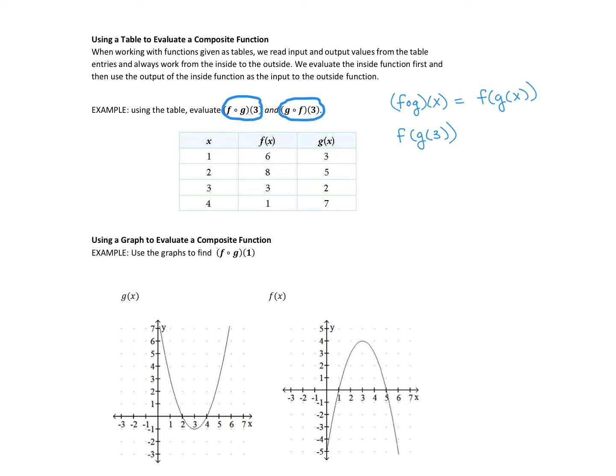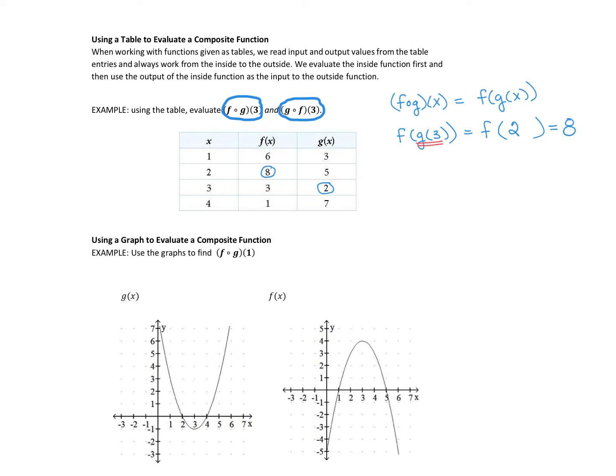Using the table, we first want to find the inside function g of 3 and make that replacement. There's our x value, g of 3 is 2, and then f of 2 is 8. So we're going to get an 8 there.